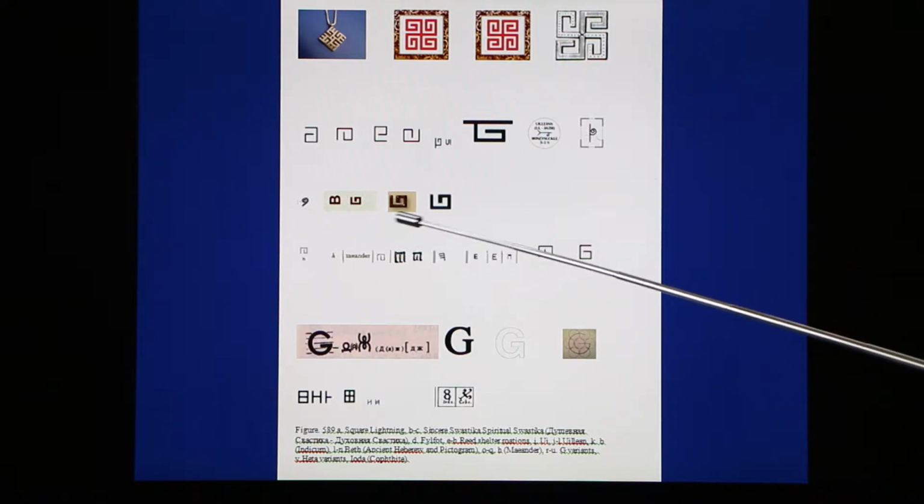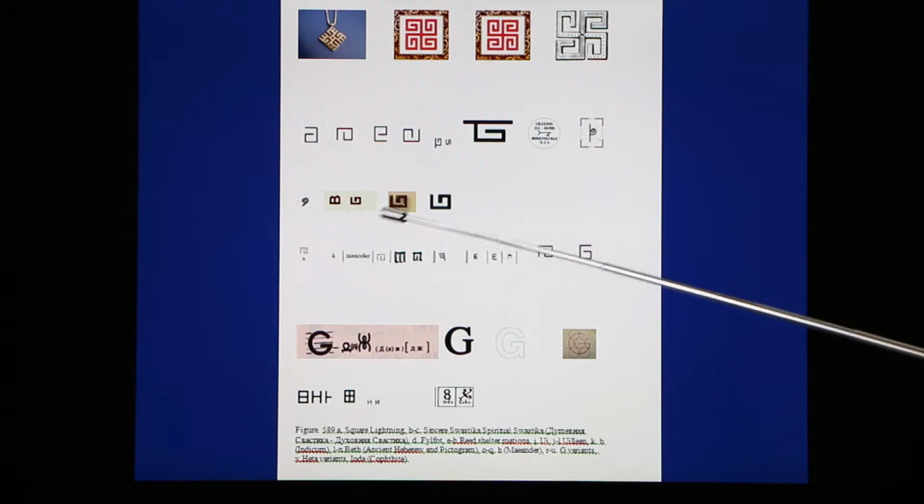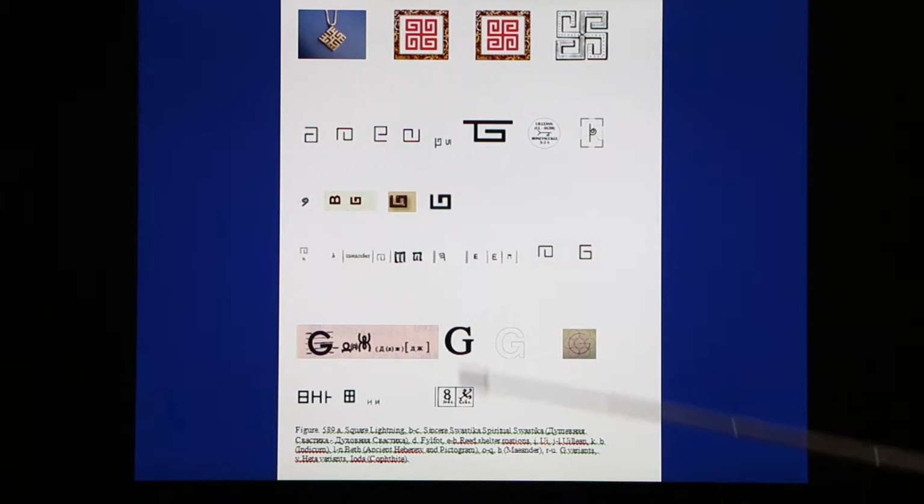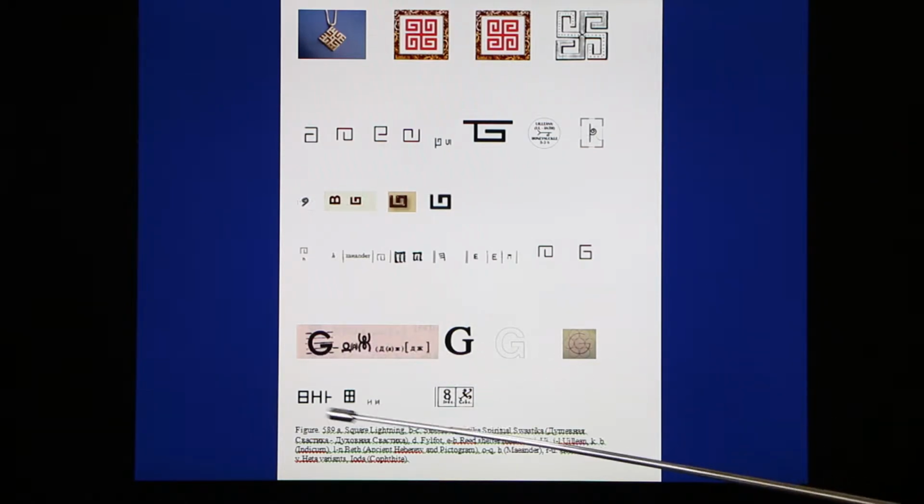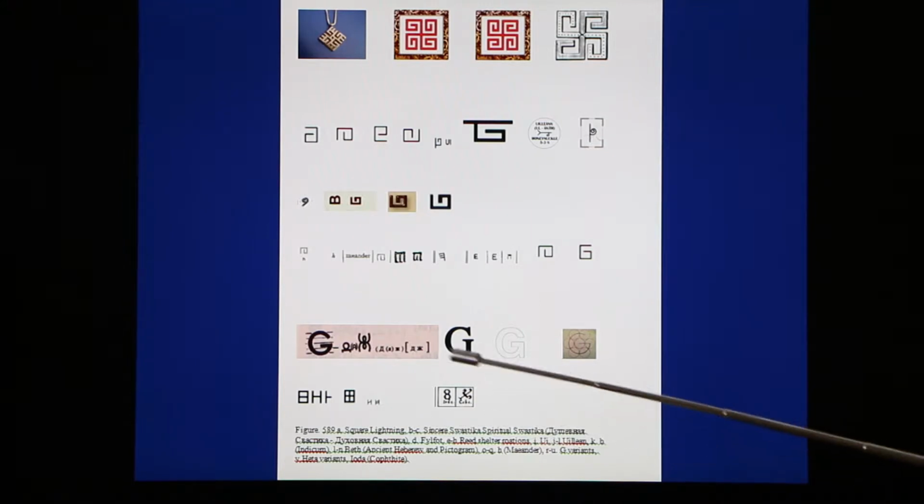And here, this B, which is opened up in this version, or G now in these versions, or B and H here. So just by changing the orientation, I get different letters.